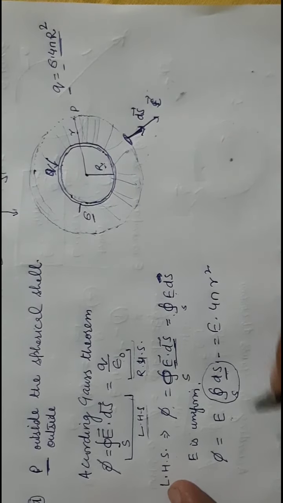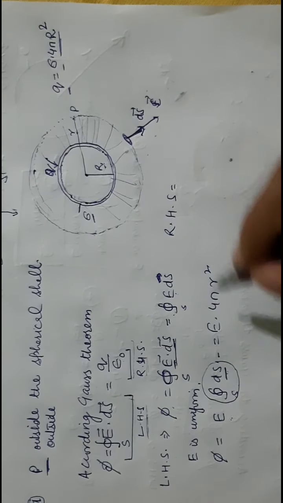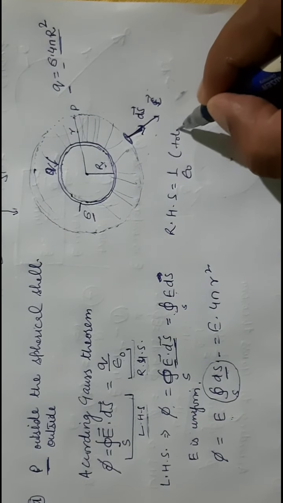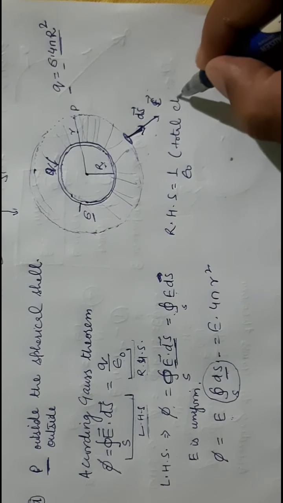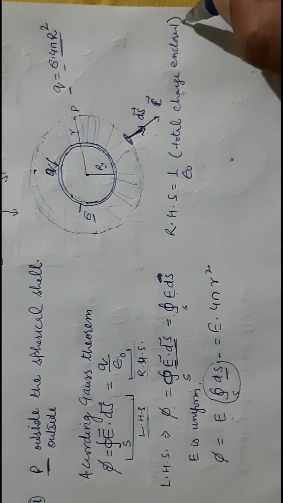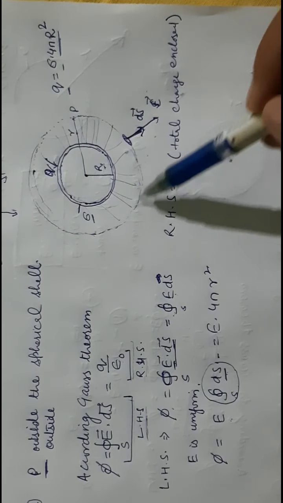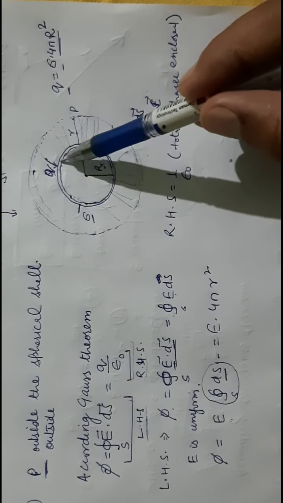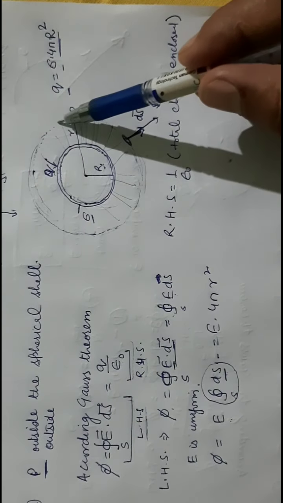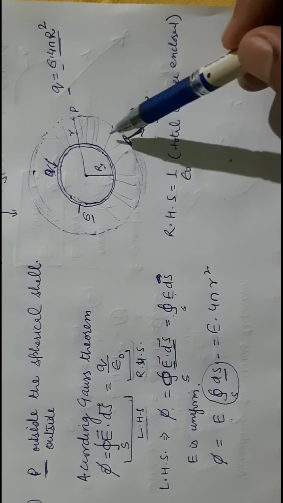Now the right hand side says 1 by epsilon naught times the total charge enclosed by the surface. From this diagram, what is the total charge? If you see, the whole spherical shell is enclosed by this Gaussian surface. This means whatever charge is given to it is inside this Gaussian surface.